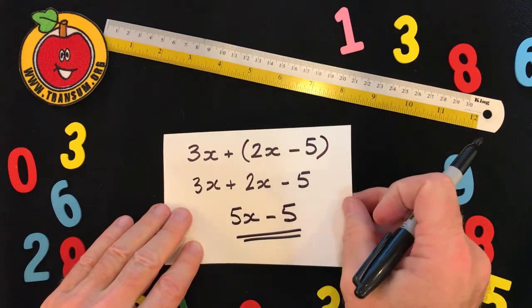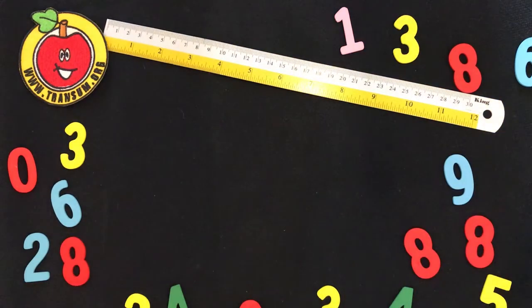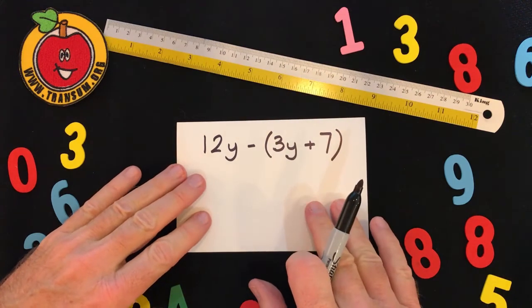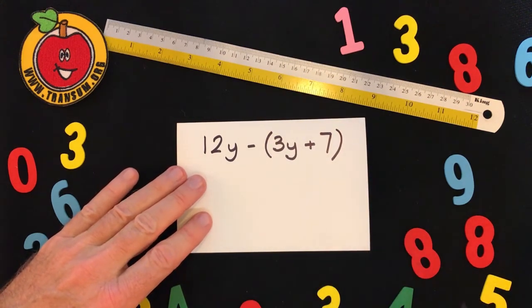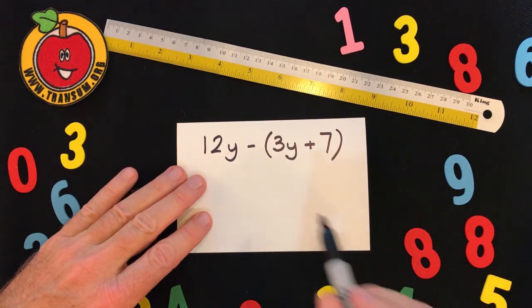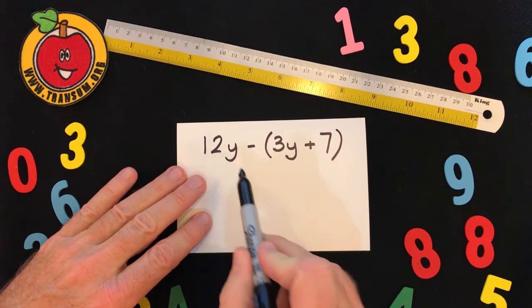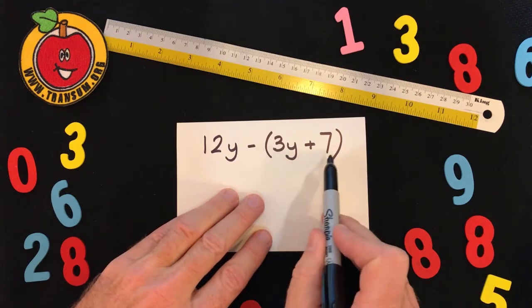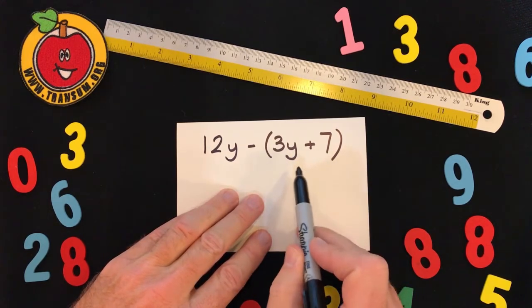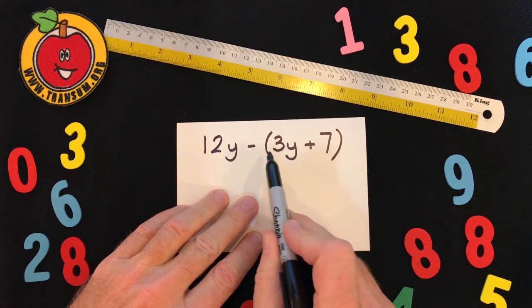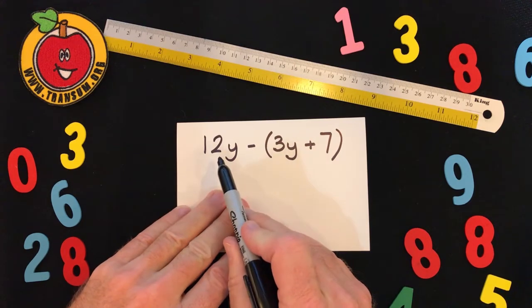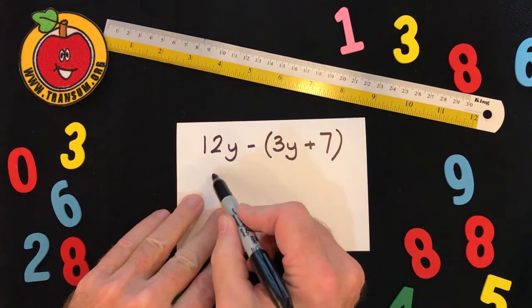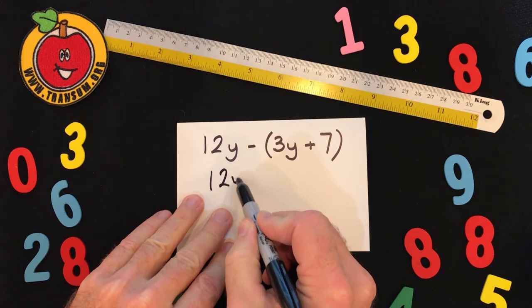Okay, so let's look at another example here. So here we have all the contents of the brackets being taken away from 12y. The 7y, the 3y and the 7 both have to be taken away from the 12y. So be careful that you write down the terms correctly.